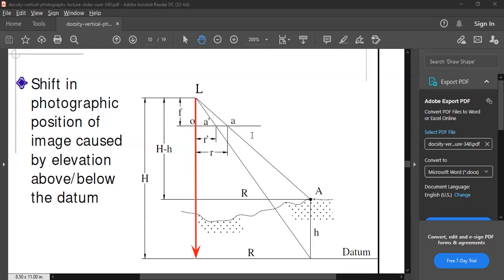If A represents capital A, where is A prime? The A prime is the h, the small h, where the small h meets the datum. This place? Yeah. That's true. That's correct.